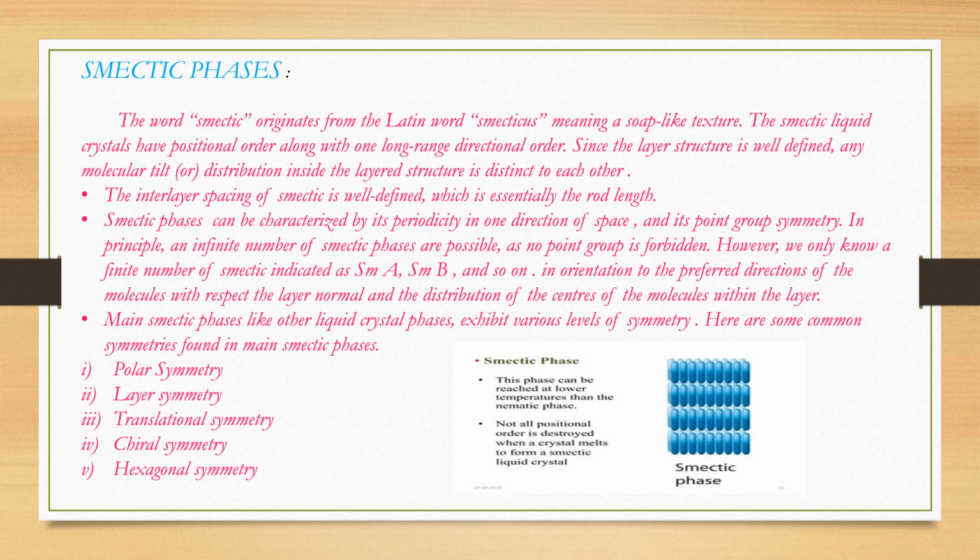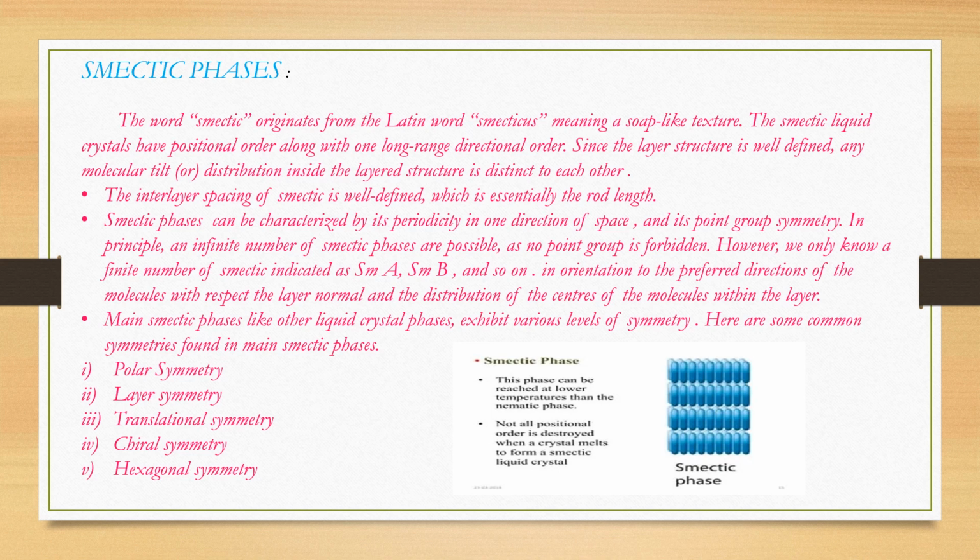Smectic phases can be characterized by their periodicity in one direction of space, and their point group symmetry. There are many types of smectic phases. There are smectic A, smectic B, and so on, which we will discuss further. This phase can be reached at lower temperatures than the nematic phase. Here you can see the arrangement of molecules in the smectic phase also. Not all positional order is destroyed when a crystal melts to form a smectic liquid crystal. So this is about the smectic phase.